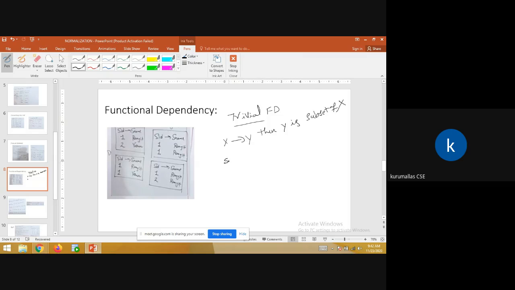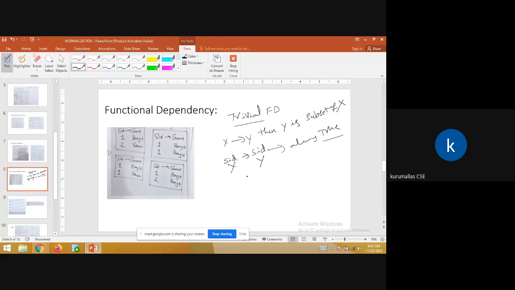Suppose you take SID tends to SID. This is X, this is Y. Then Y is a subset of X, meaning SID is a subset of X, right? The trivial functional dependency is always true.